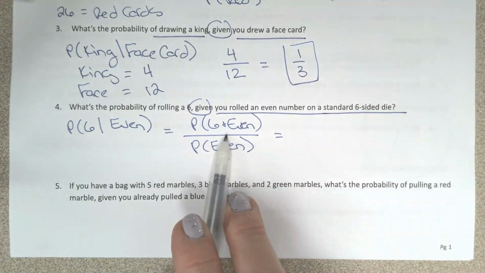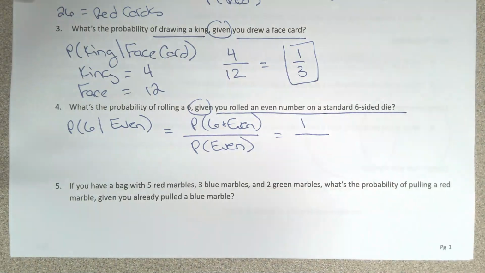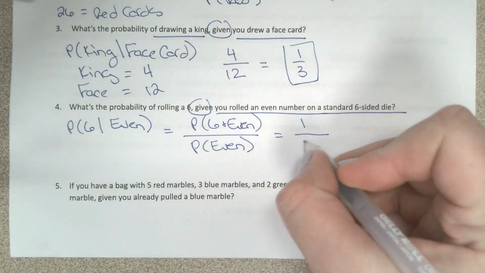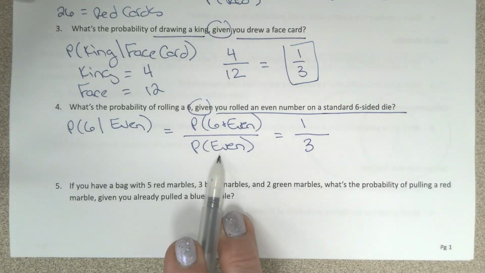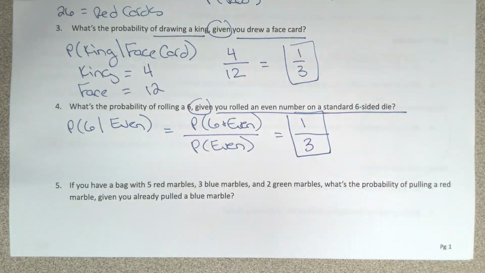All right, so a 6 and even, there's only one of those on a die, and the probability that you get an even one, there are 3 of those on the die. It could be the 2, the 4, or the 6. That is a fully reduced fraction, and that one is good.